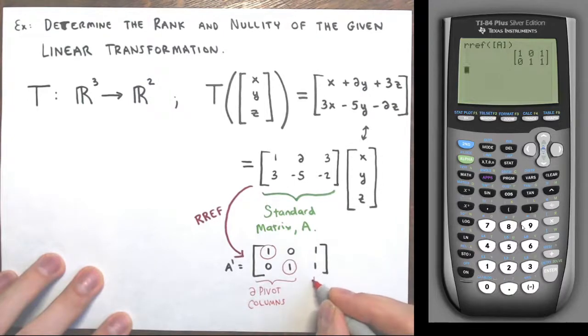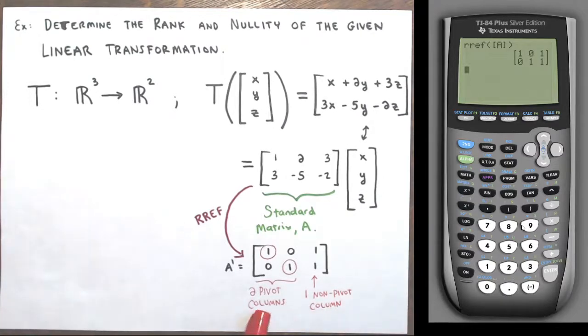And there's 1 column that does not contain one of these pivots. So there's 1 non-pivot column. And there we go. Rank nullity.